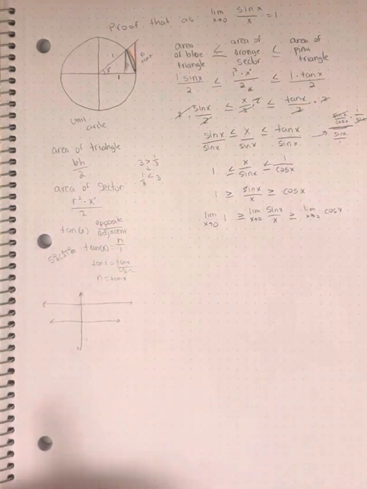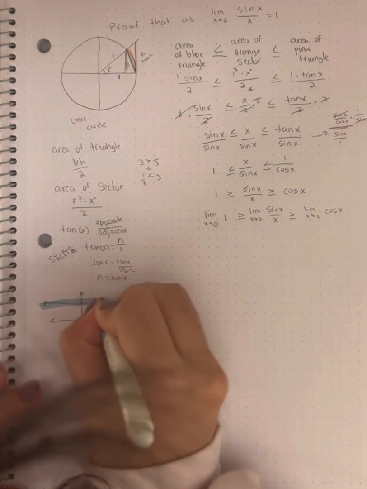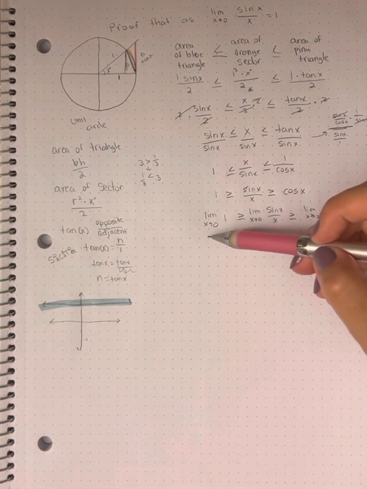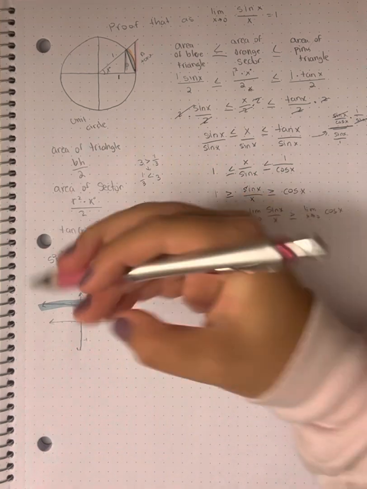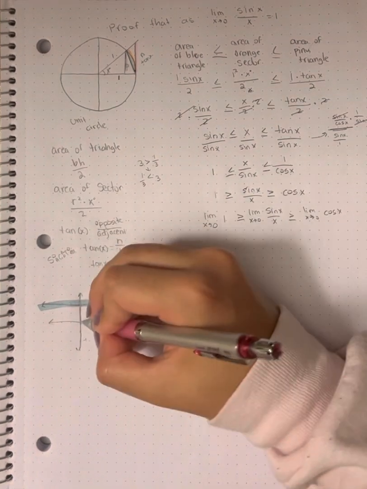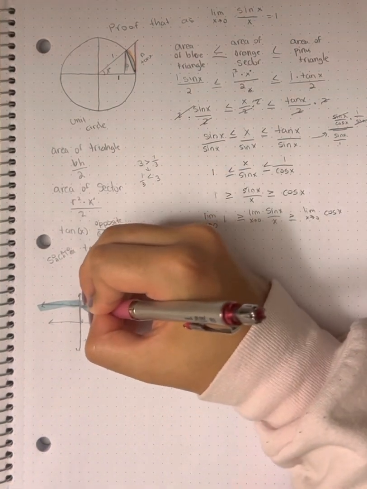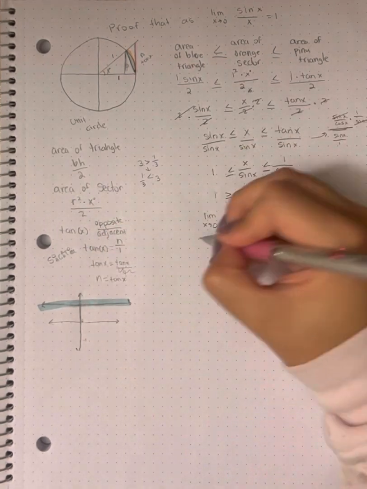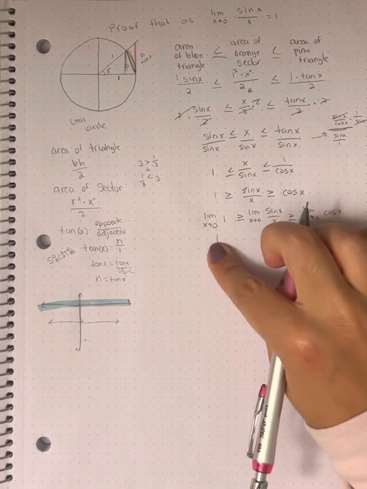As you can see, as x approaches 0 from both sides, and this is our 0, the y value is approaching positive 1. So that just stays as 1.